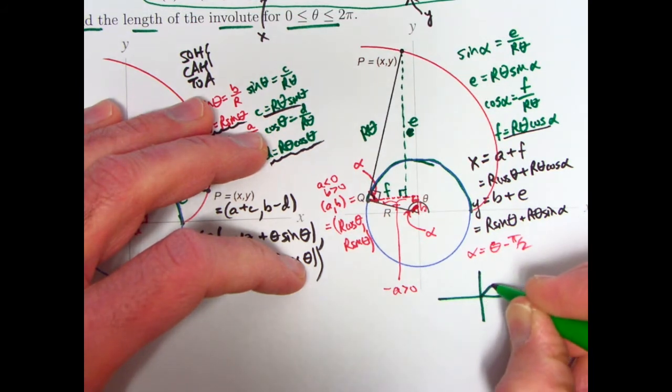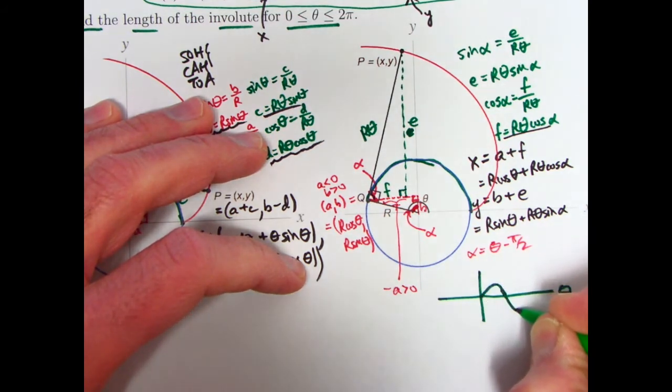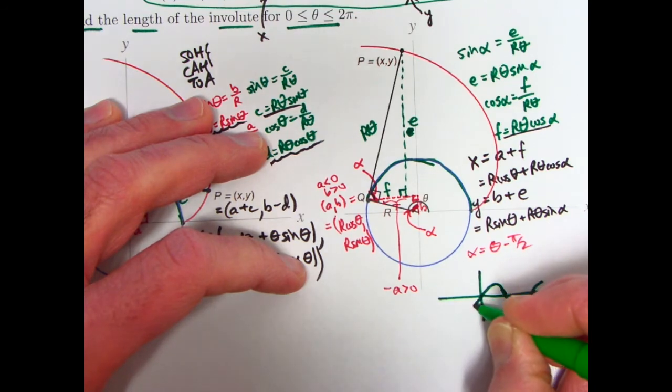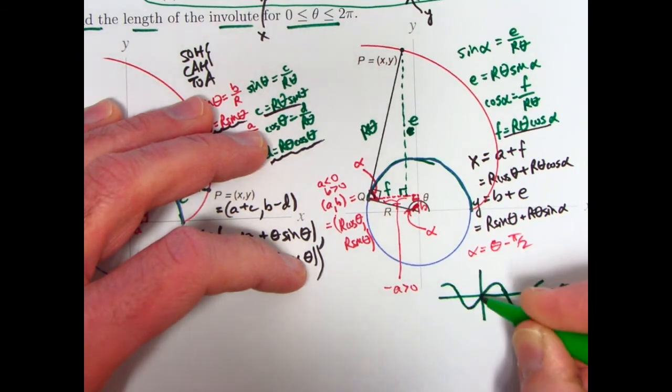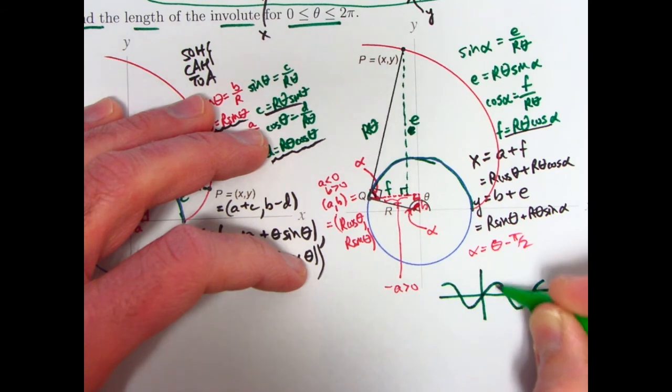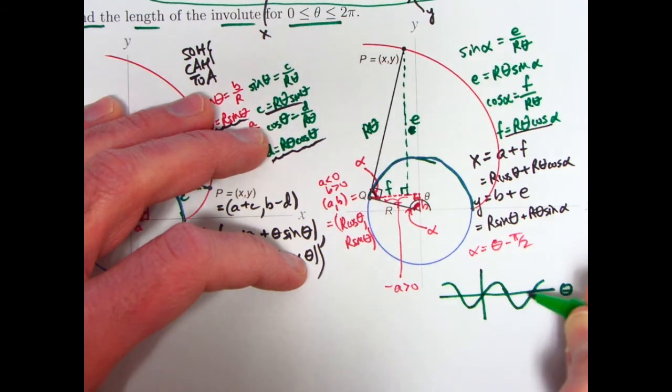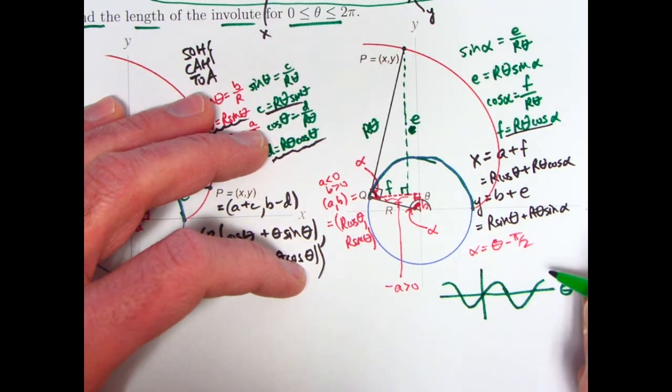The graph of sine theta would look like this. It's periodic with period 2 pi. This is theta 0. This is theta equals pi over 2 here where it reaches a peak. Comes back to another intercept at theta equals pi. This is 3 pi over 2. This is 2 pi. That's the graph of sine of theta.